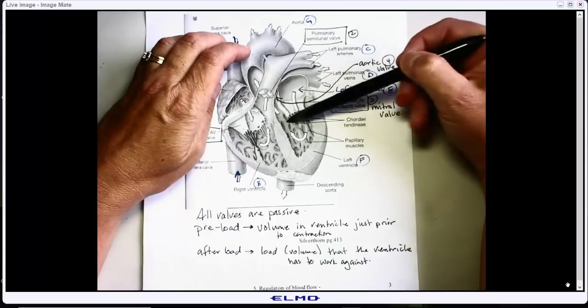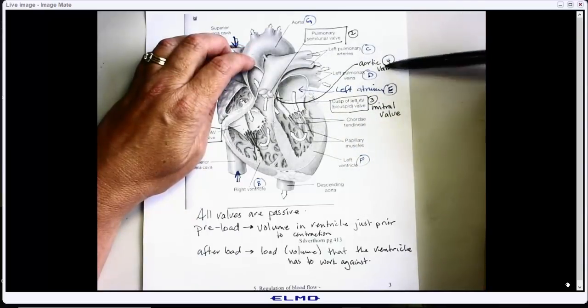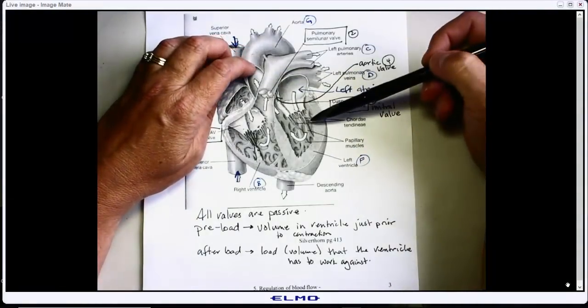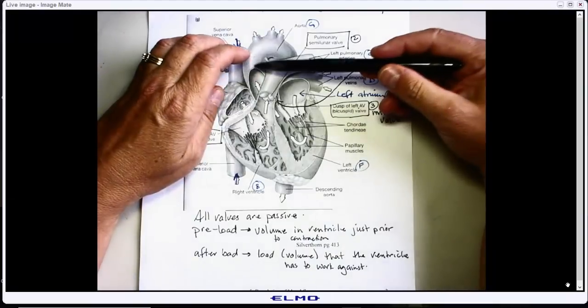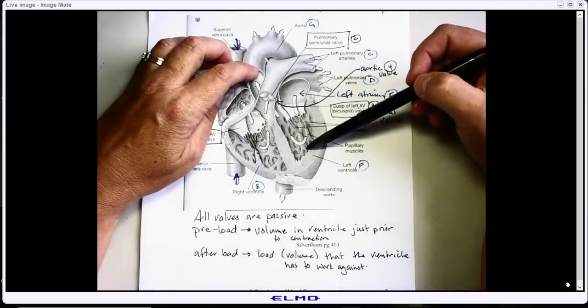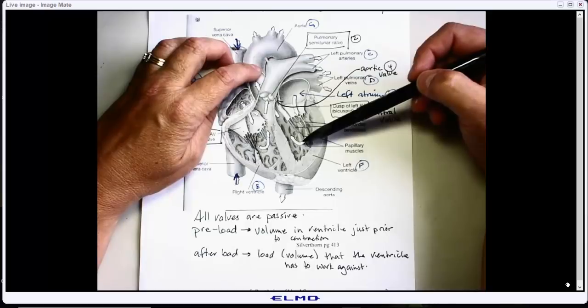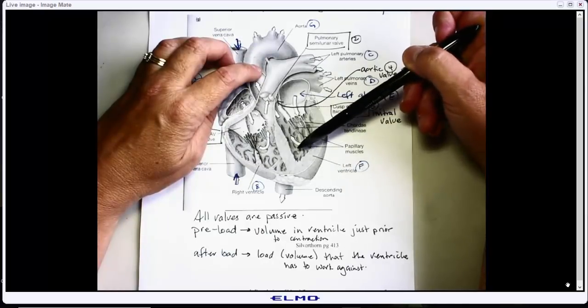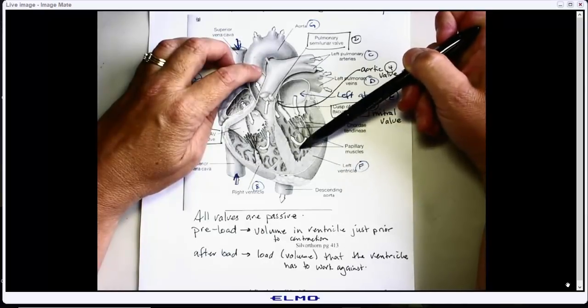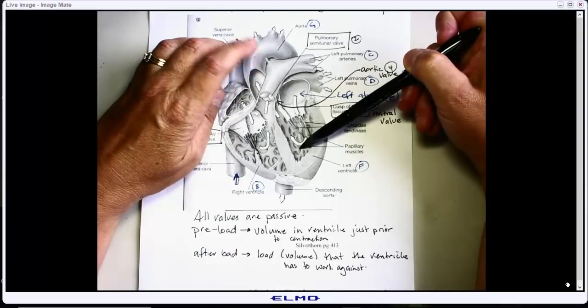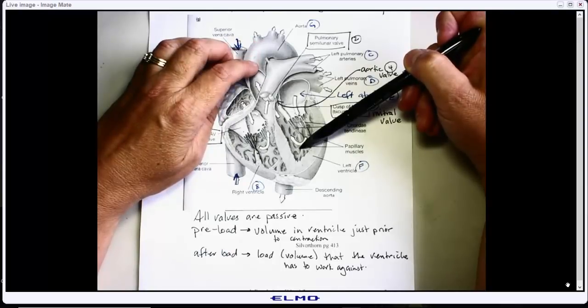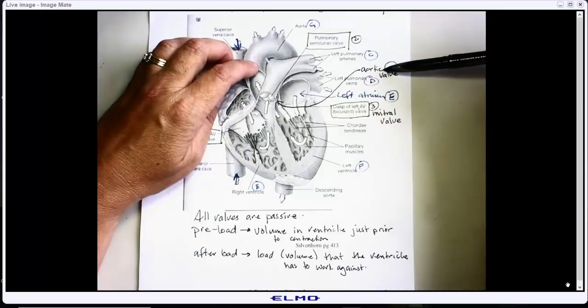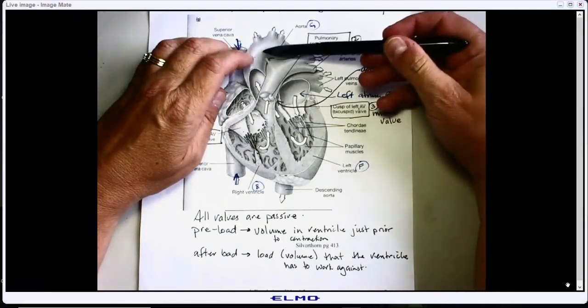It's not flowing backwards because that valve is closed, that aortic valve is closed, but there's volume there. So that volume in there makes a pressure, right? So that means that this ventricle, as it's contracting, has to generate a pressure greater than the pressure currently in the aorta in order to open the aortic valve and eject volume.